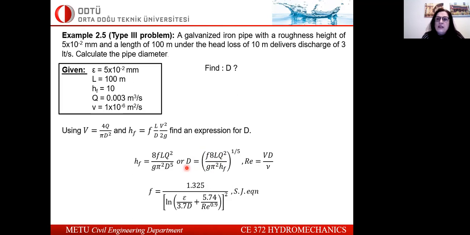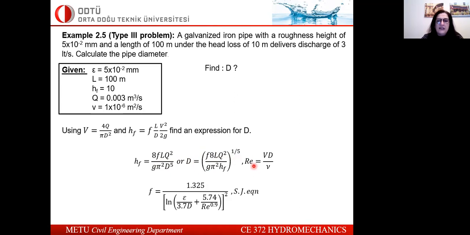And if you calculate that coefficient for this example problem, it becomes 0.0942 times F to the power 1 over 5. So what I need to do is, after each assumed or calculated F, I will just substitute in that D relation to solve for the diameter value.